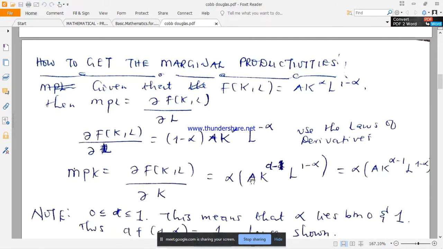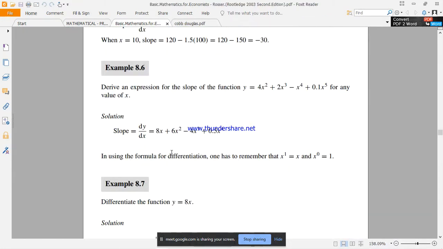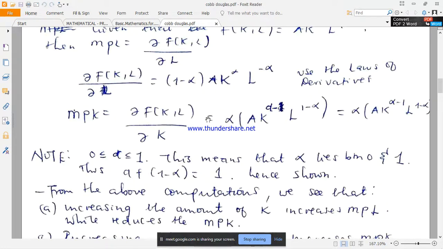Then you just multiply, open the brackets. That is how we find the marginal product of capital using the first rule. So that is how I was finding these expressions. Okay, good.